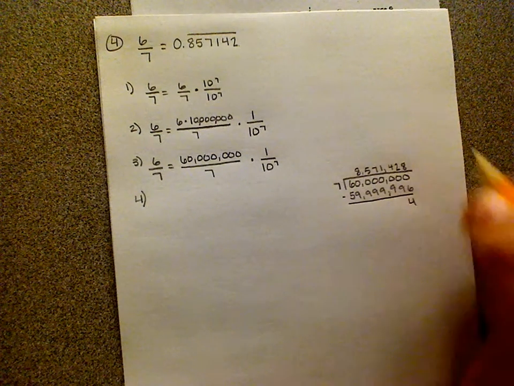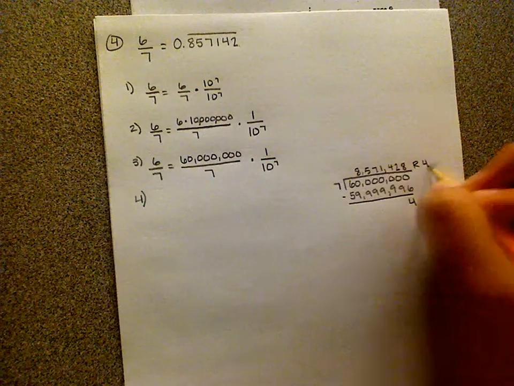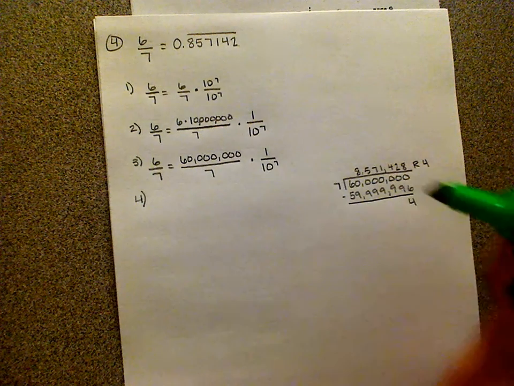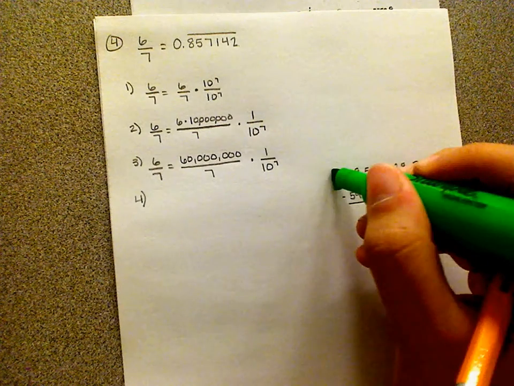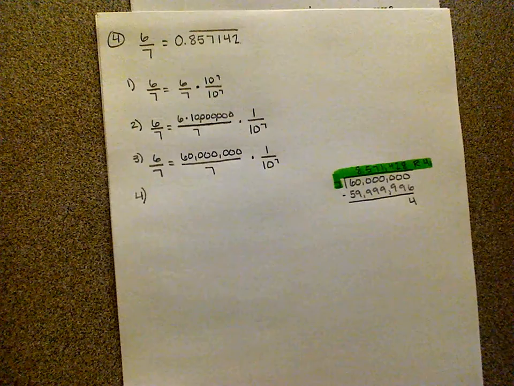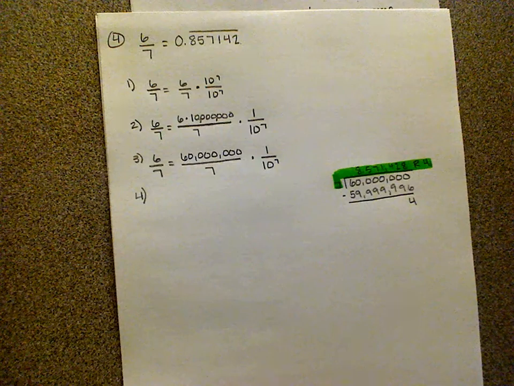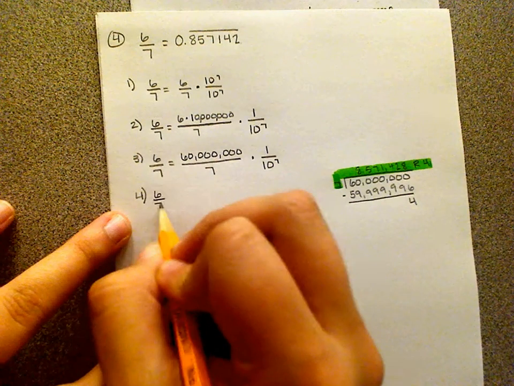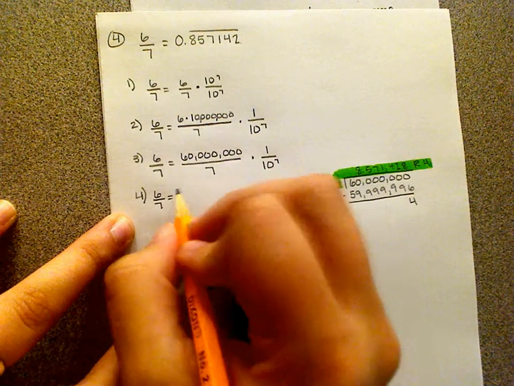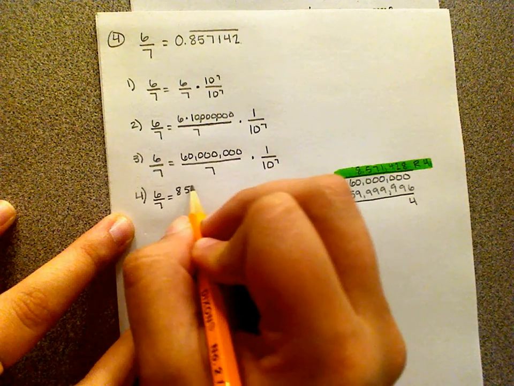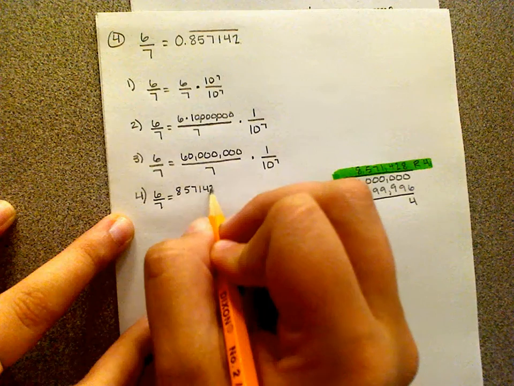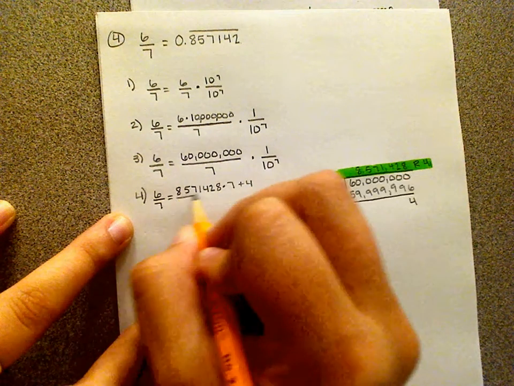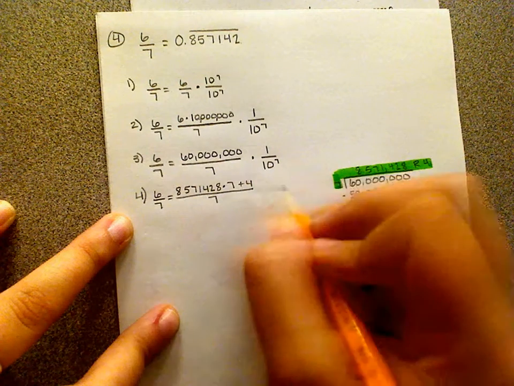Remember this, last week we took this 60 million and we're going to rewrite it using this information. So 6 divided by 7 equals 8,571,428 times 7 plus 4 divided by 7, all times 1 over 10 to the 7th.